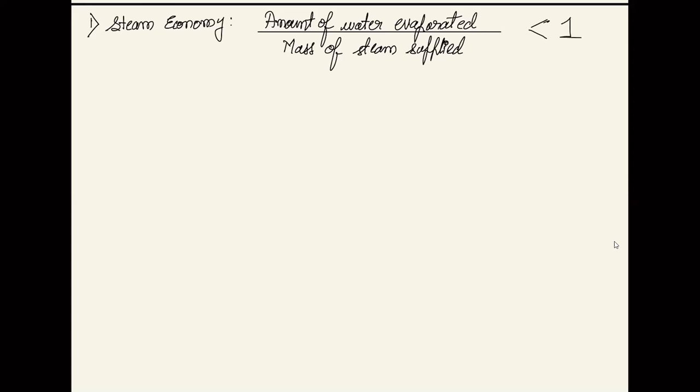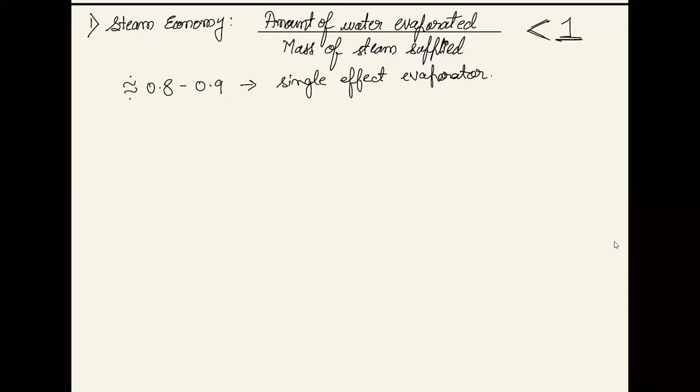This is approximately 0.8 to 0.9 for the case of a single effect evaporator. And in every evaporator we try to see what its steam economy is. So this is the first thing.